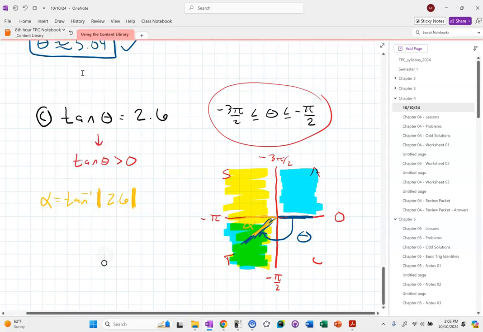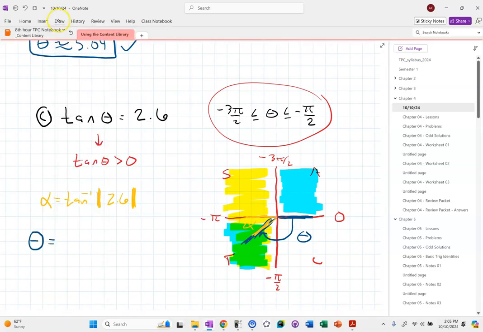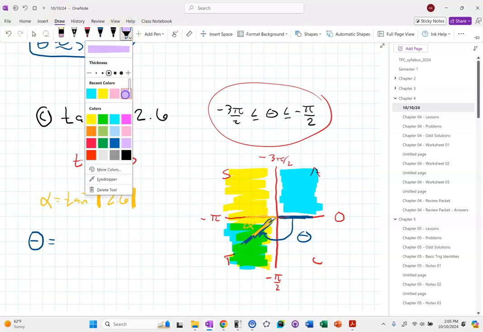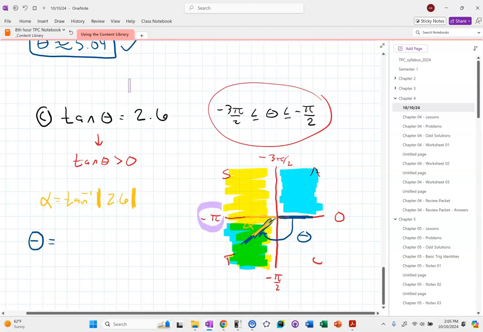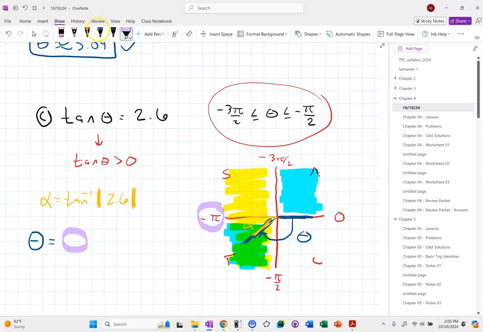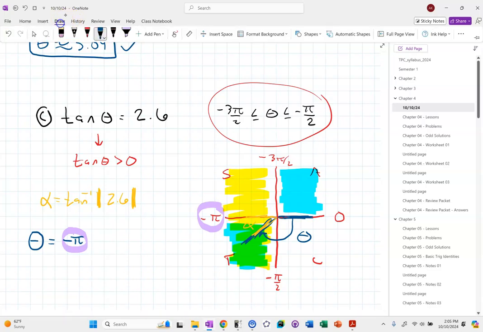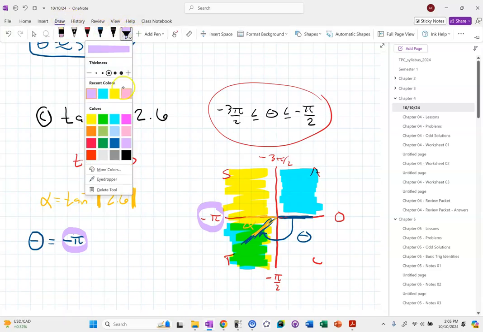And I'm ready to write my equation for theta. So theta equals the x-axis that's part of my alpha, which is negative pi. So that part stays the same.